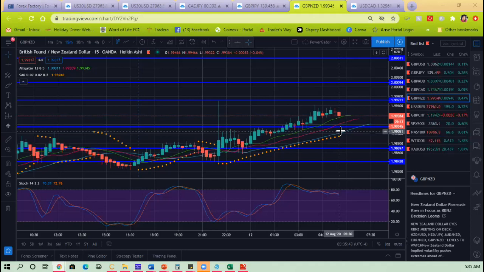So once it finishes its pullback and it starts heading back into a buy, that's when you can get into the market for a buy. Now, we could certainly set up a pending order for this, okay?